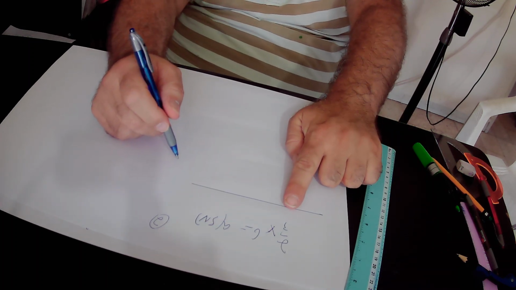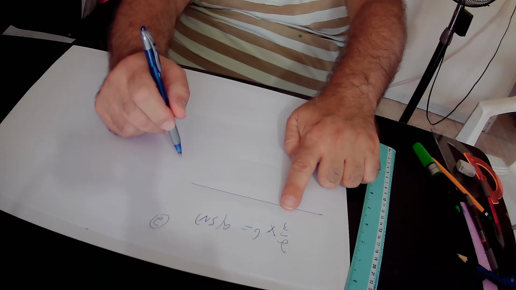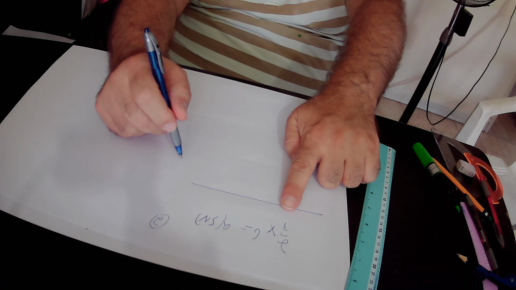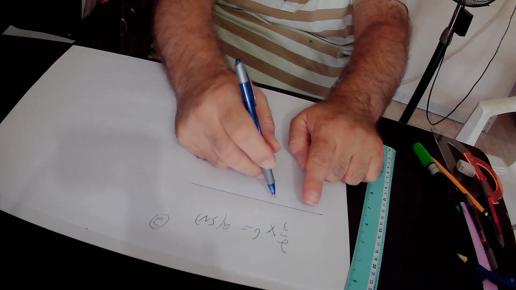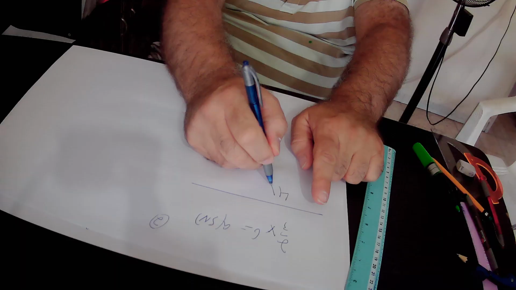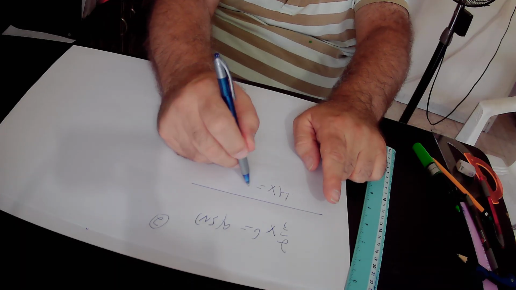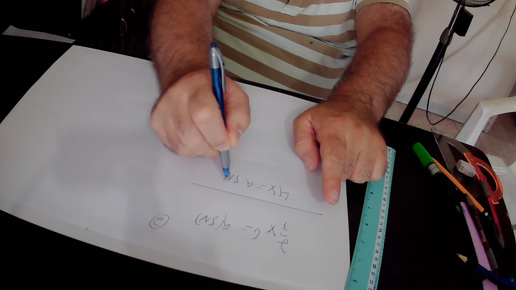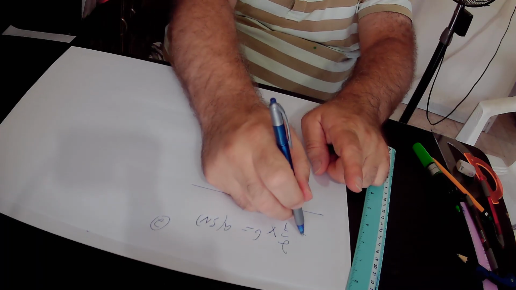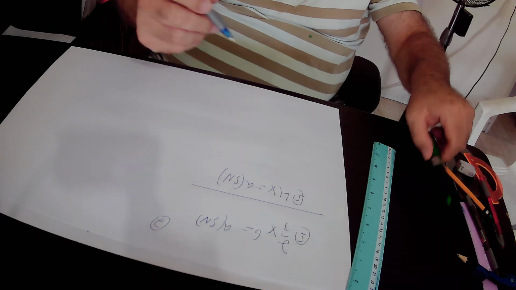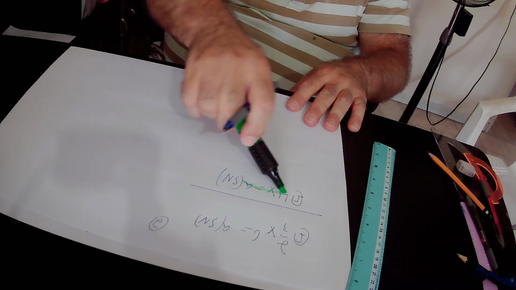Six over 3 is 2, and therefore in total this expression equals 2 times 2x, that is 4x. So in this equation we have 4x equals A times SN. This will be equation 1. So according to equation 1, 4x equals A times SN.